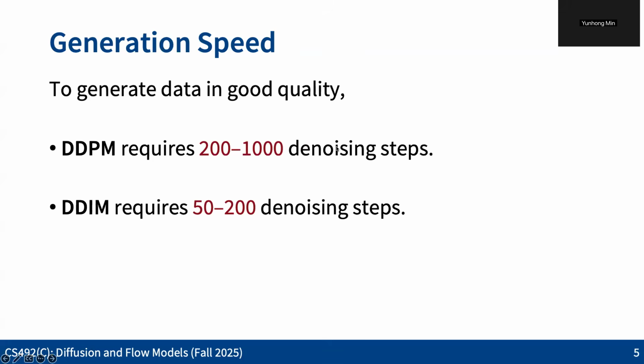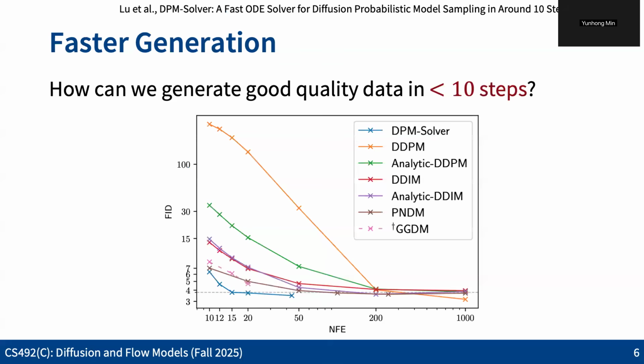The advantage of understanding diffusion models in continuous time is that we're going to see, not today, but until next week, how the number of time steps can go down to almost 10 steps. This is the score called FID. Lower means better, which means the image quality and diversity are better when this score is lower.